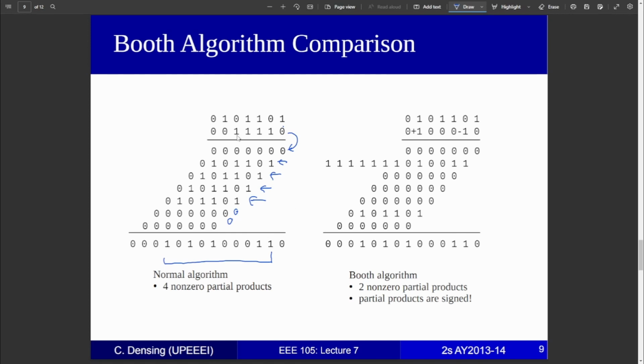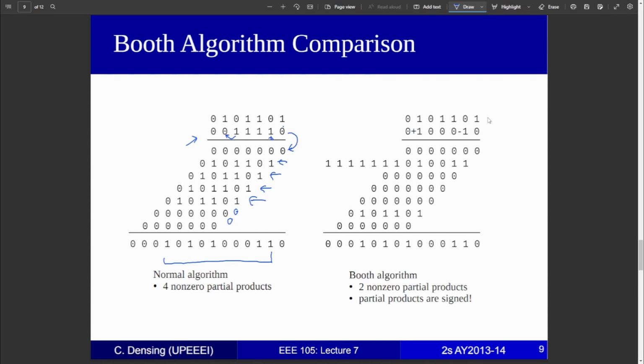If you use the Booth notation for this thing, where you have a positive one and a negative one instead, then the number after the string becomes positive one, and the number at the start of the string becomes negative one. And now you see here what happens.